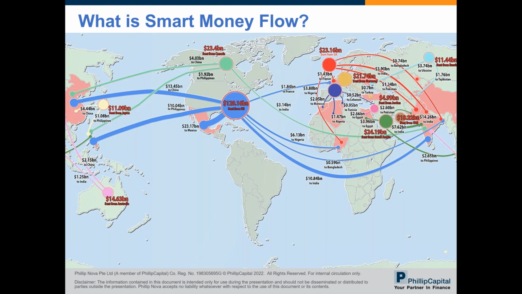And what is smart money flow? Basically, smart money do not just focus on the Singapore market alone, especially the international funds. They will move their funds to the path of least resistance, which means whichever opportunities avail to them, allowing them to grow their funds further or higher.